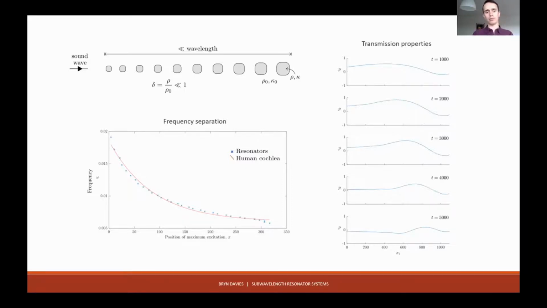Likewise, on the right, the transmission properties of the array, this is a progression over time, also match what's happening in the ear, whereby this peak amplitude travels slowly through the array up until the resonant place.